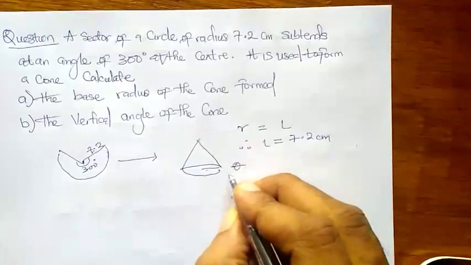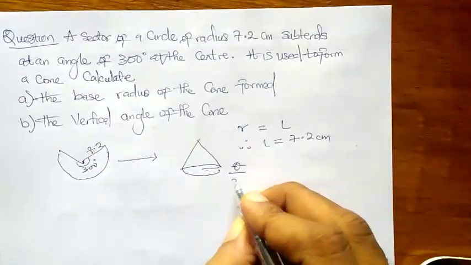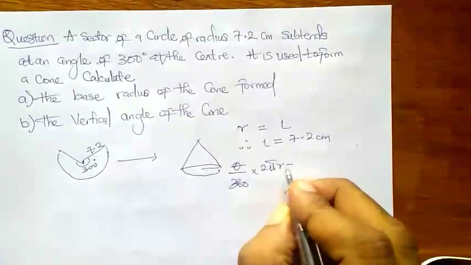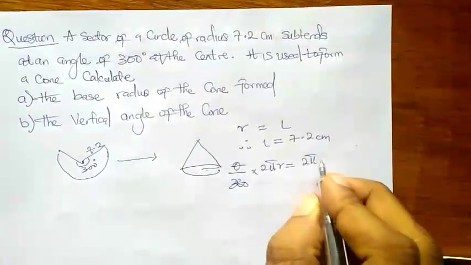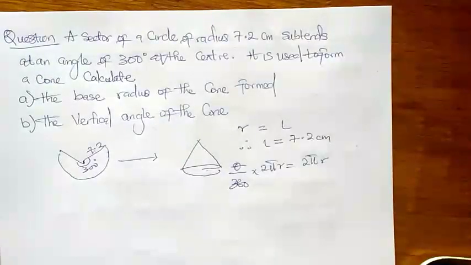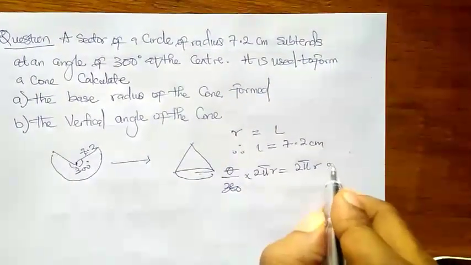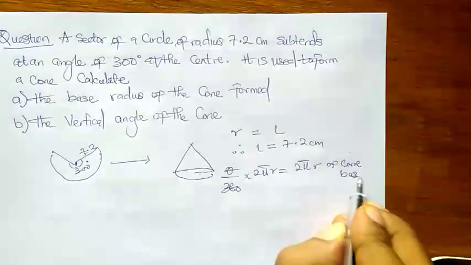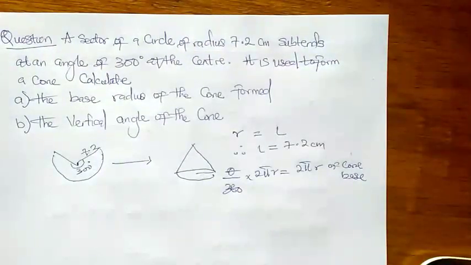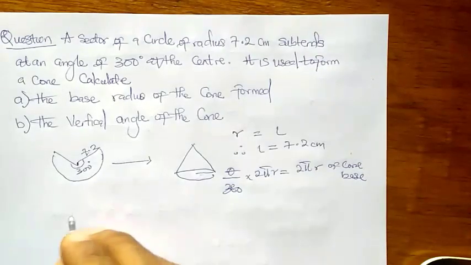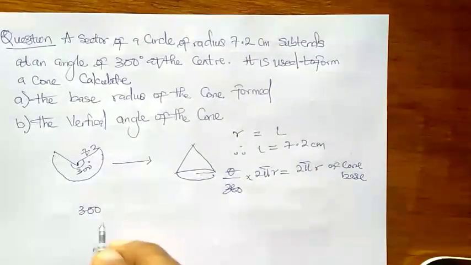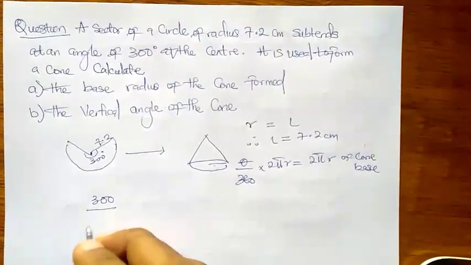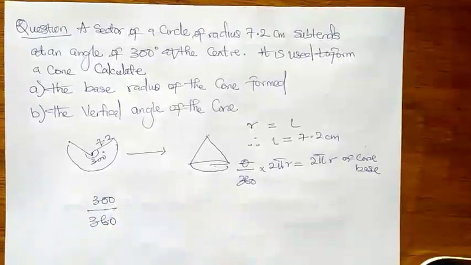Therefore, we are going to try to equate that. So we have theta over 360 times 2 pi r is equal to 2 pi r. Remember, the 2 pi r on the right hand side is that of the cone. Now let's bring in the fraction of the angle on the length of the arc of the sector on the left.